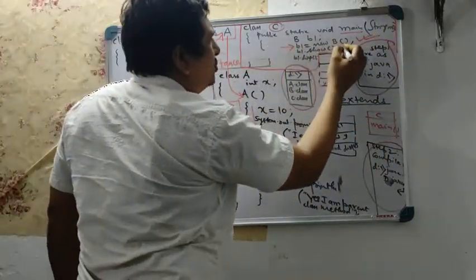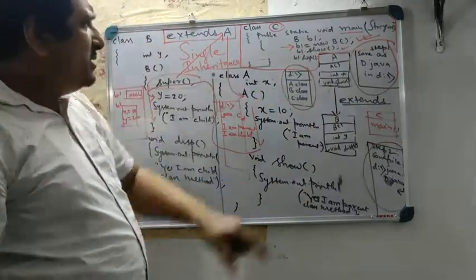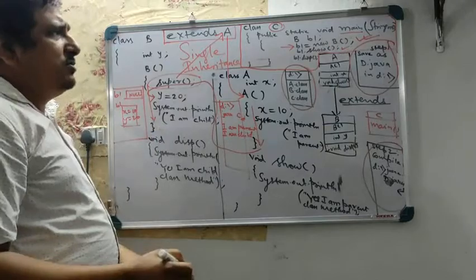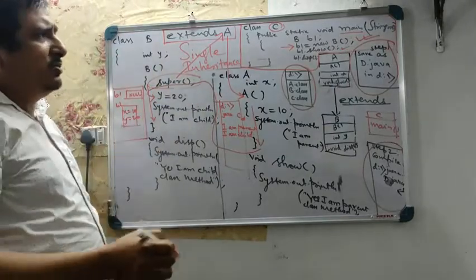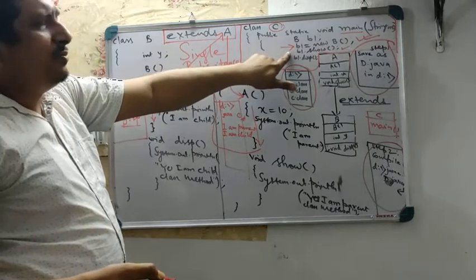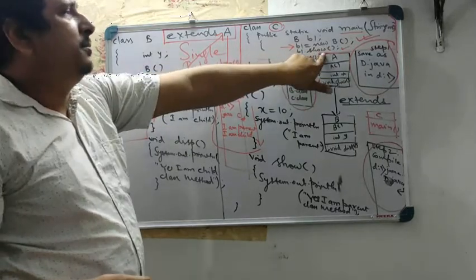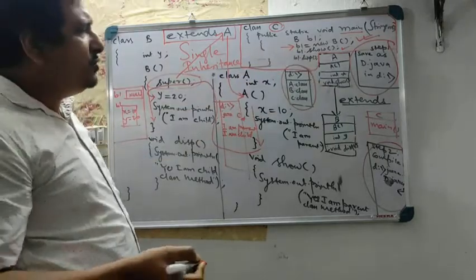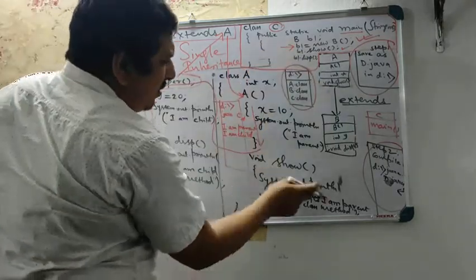Now b1 dot show. See, show is the method of the parent class and b1 is the object of the child class. So you are trying to call a parent class method name through a child class object, and this is all right. There is no issue. It will just go and call this method.